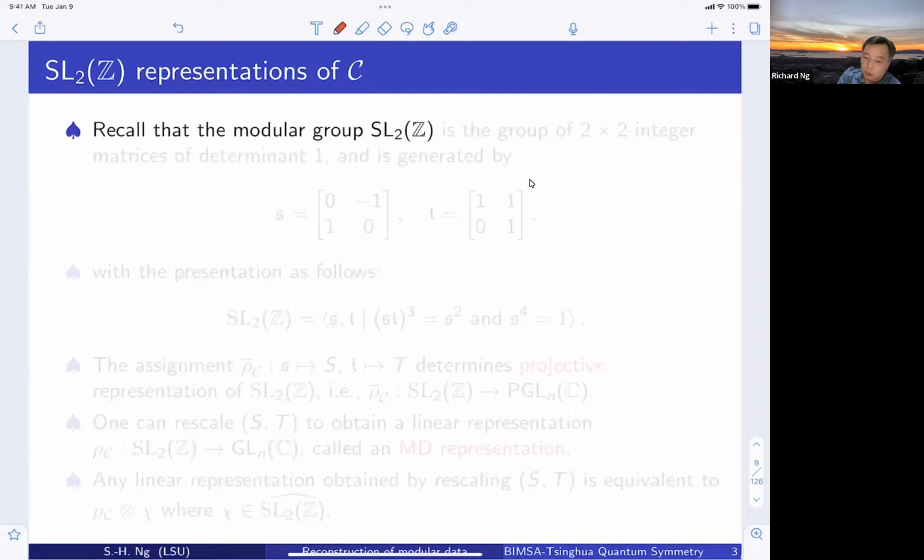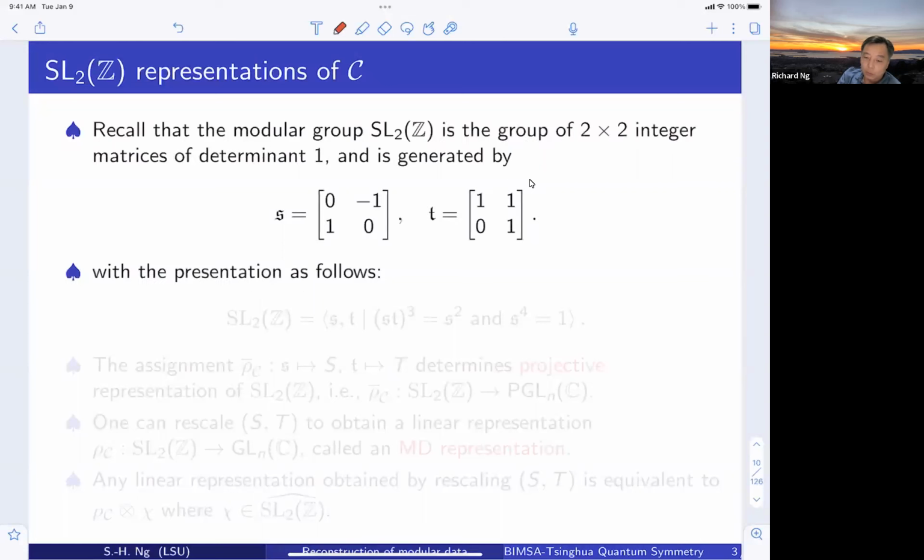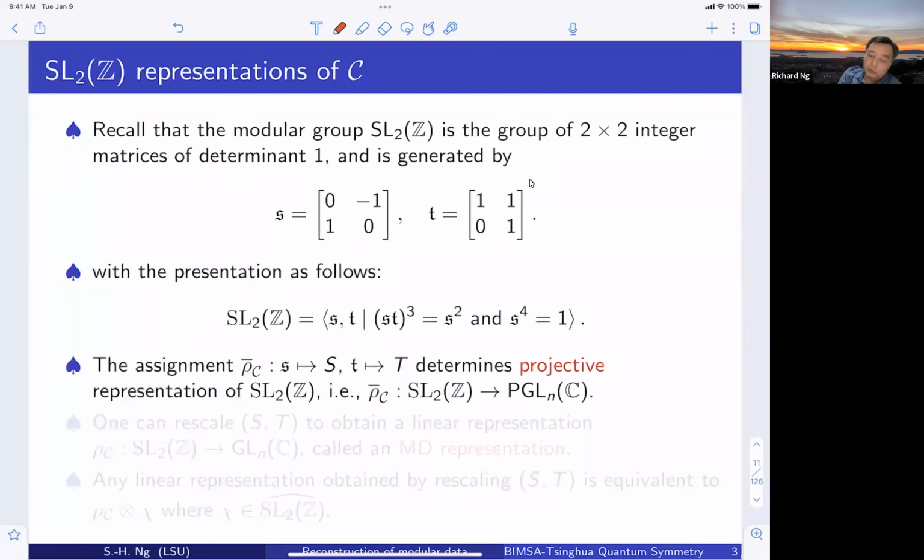SL2Z is the group of 2 by 2 integer matrices of determinant 1, and it is generated by these two matrices. I call these German S and German T. German S is the order 4 element, and German T is translation by 1. So you can present the modular group abstractly using S and T, namely as generated by free elements S and T with relations (ST)^3 equal to S^2, and S^4 equal to 1.